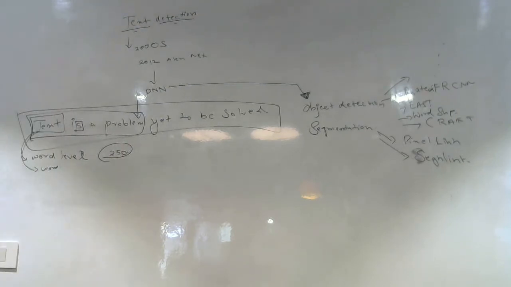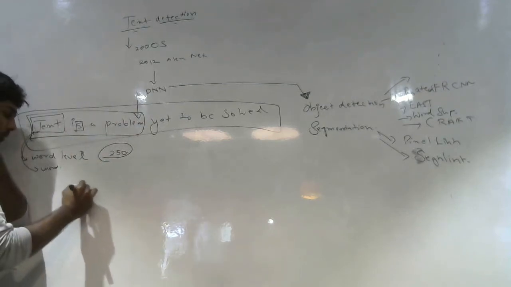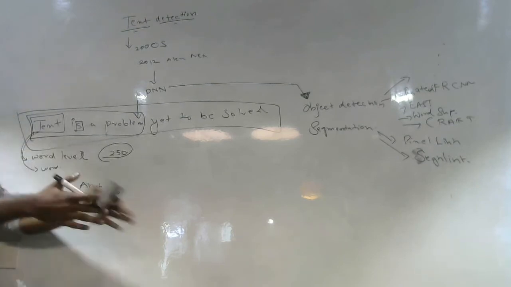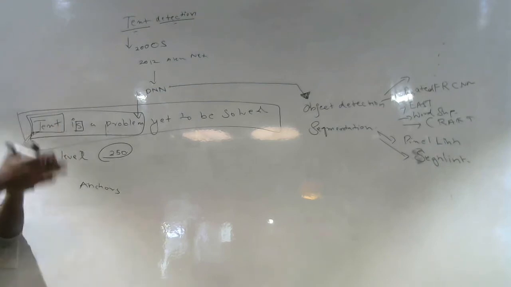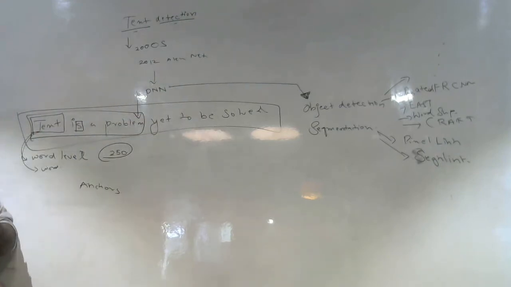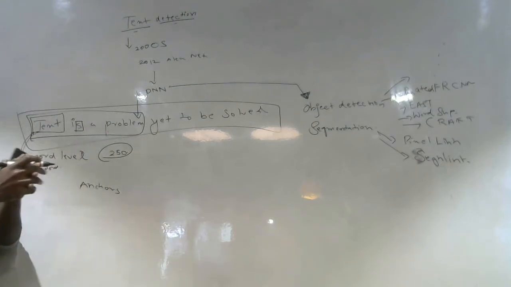Why? Because object detection is based on anchors. If the text is 250 characters, it's really long text. A word can be 250 characters, right?